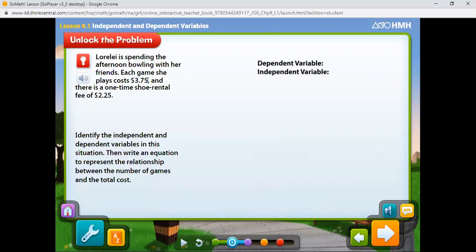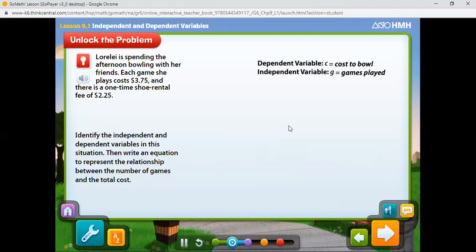That's more important to understand. Now there are 2 things to be done, right? One is the shoe rental, and the other one is the games she is playing. Which is the independent and which is the dependent one? Let's find out.